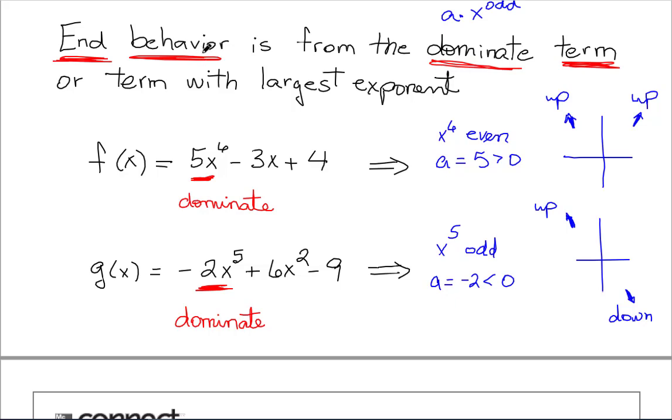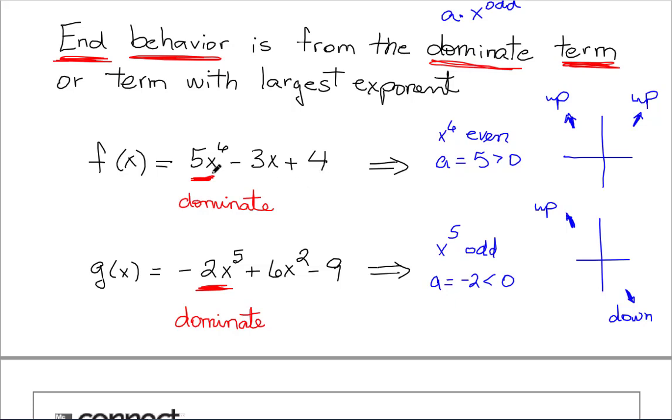And this end behavior is basically from the dominant term, or the term with the largest exponent. What do I mean by all that? Okay, so here's f of x is 5x to the sixth minus 3x plus 4.